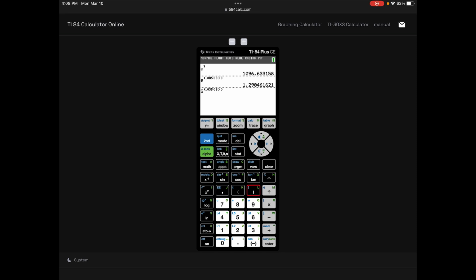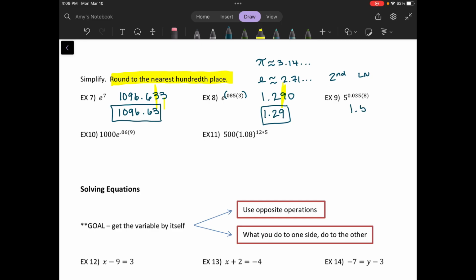And then close the parentheses around the 8 and the whole exponent. And we get 1.569. The hundredth spot is the 6. The 9 says we need to add 1. So we add 1, and that's going to be 1.57.